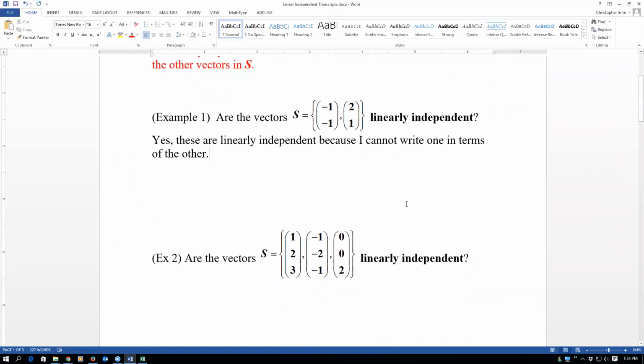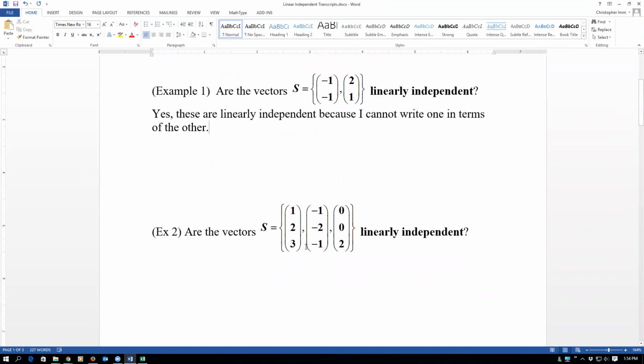Example 2 would be a set of vectors in R3. So we're talking about space now. So are the vectors in S linearly independent? Well, you might notice if you're careful that if I took -1 of the second vector plus the third vector, I would actually get that first vector.